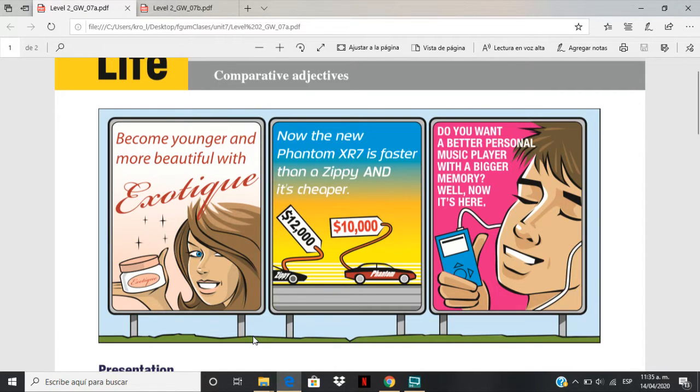What are they about? Let's read the first one. Become younger and more beautiful with exotic. Next, the Phantom XR7 is faster than a ZB and it's cheaper. Look at the prices, $10,000 and $12,000.